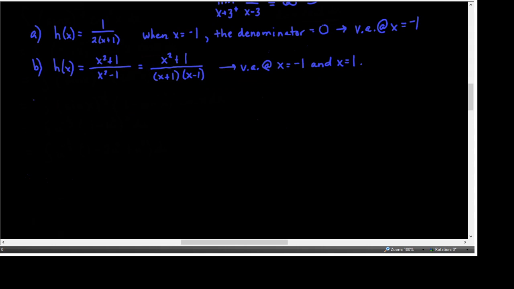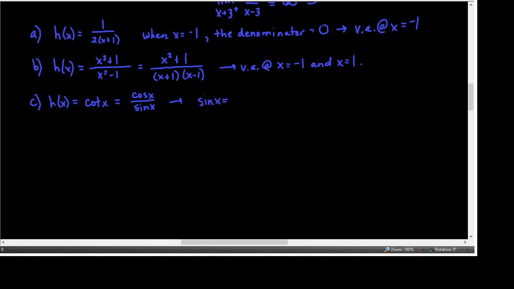Okay, C. Let h of x equal cotangent of x. Well, the quotient or ratio identity for cotangent of x says that that's the same thing as cosine x over sine of x. And we're interested in whatever makes the denominator be 0.